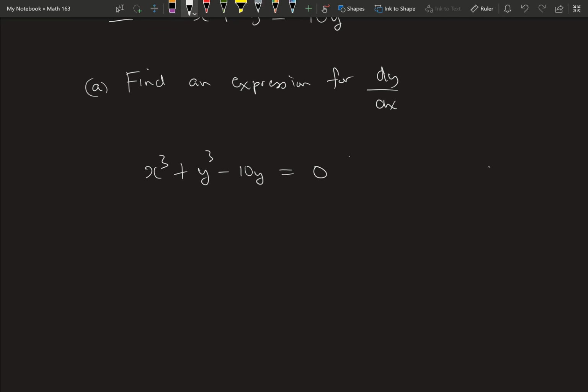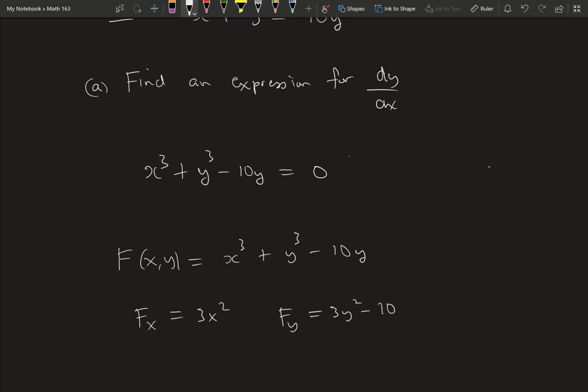We have f of xy is x cubed plus y cubed minus 10y. So partial of f with respect to x is 3x squared. Partial of f with respect to y is 3y squared minus 10.